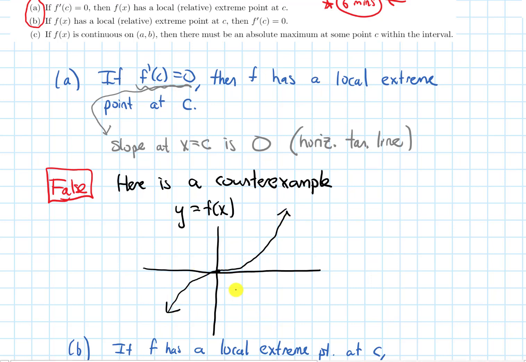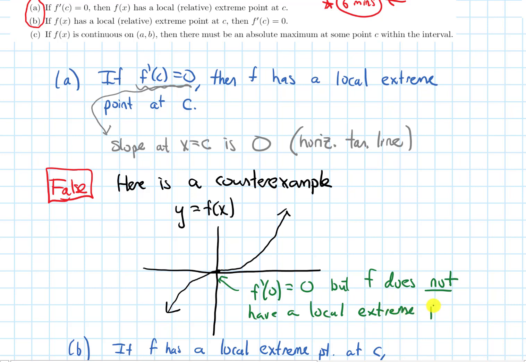All right, in this picture, f prime of 0, when x is 0, that slope is 0, but f does not have a local extreme point at x equals 0.